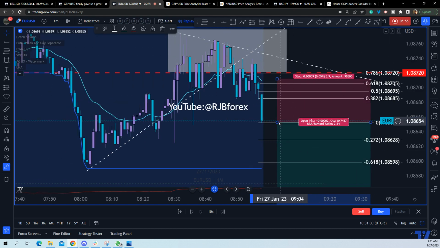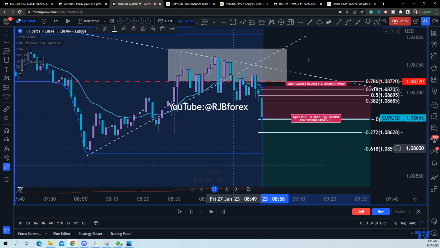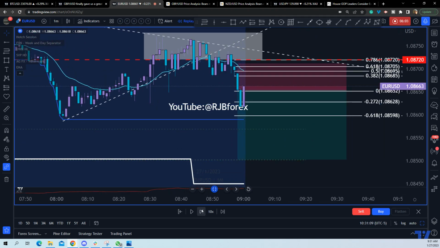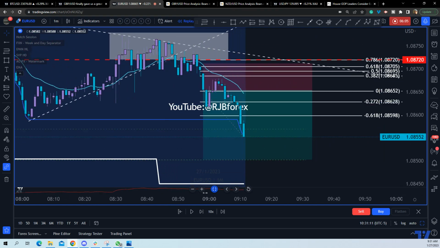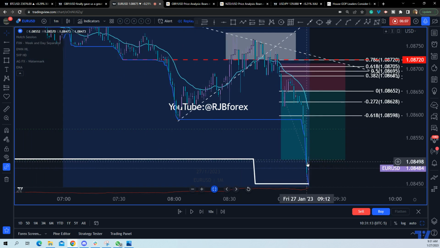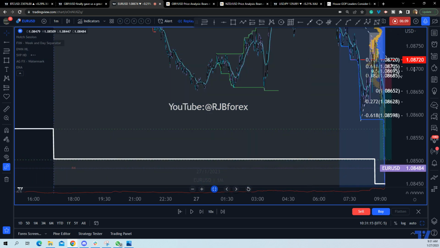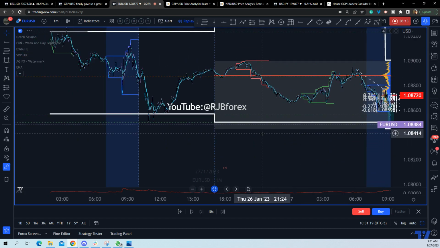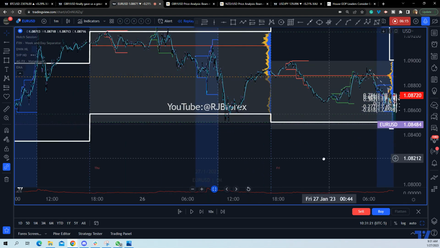You can just sell this at market. And the target was the lows of the prior day.